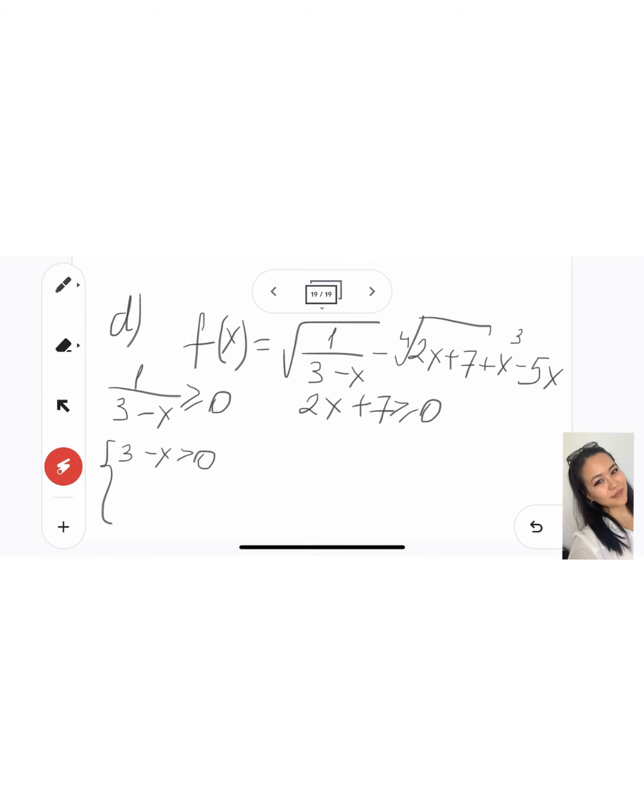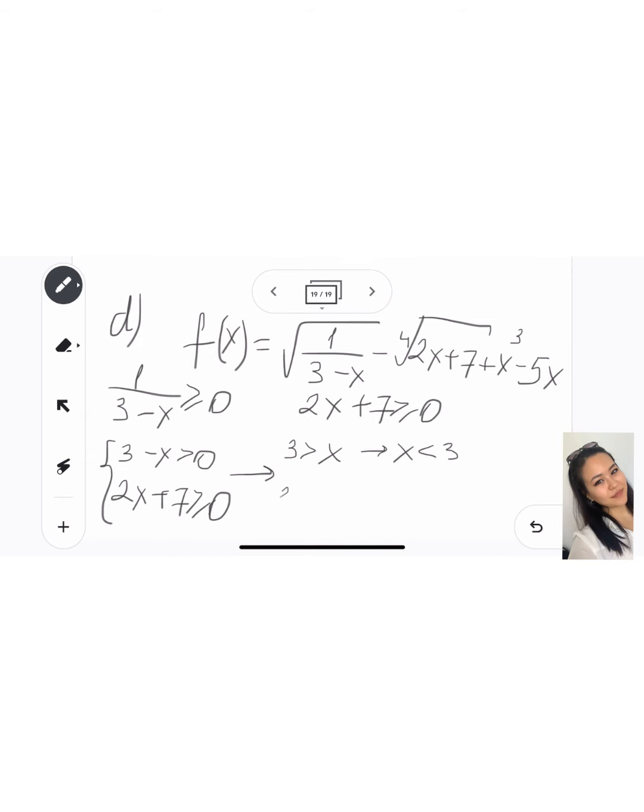So look at the first expression. In order for our expression 1 over 3 minus x to be greater than 0, the denominator of it, 3 minus x, has to be greater than 0, because a positive number divided by a positive number gives us a positive number. Next one is 2x plus 7 greater than or equal to 0.